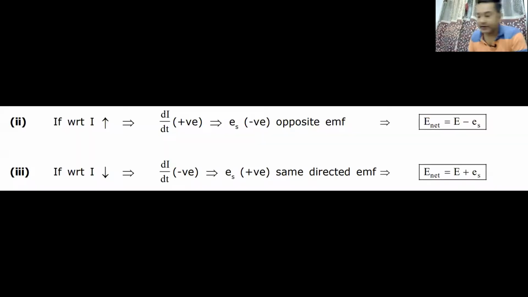So now what we see is what will happen if current increases. You can see if current increases with time, rate of change of current would be positive, and the EMF which is induced will be negative. It will be opposing your actual EMF, and hence your net EMF will be the total EMF of the source minus the induced EMF.